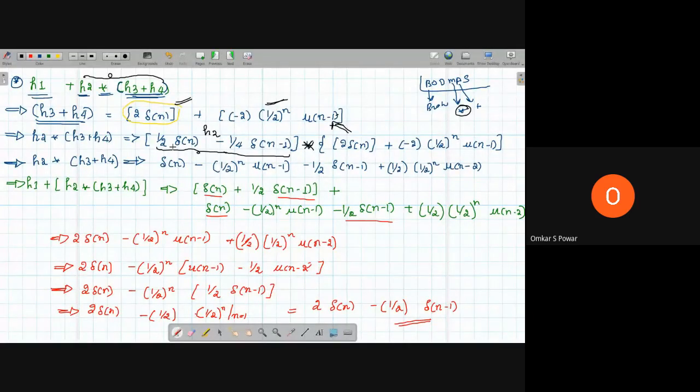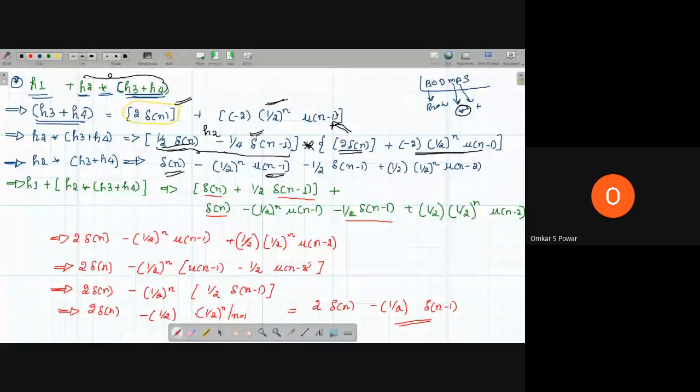So you convolve half into del of n with 2 del of n; the 2 gets cancelled, it is del of n. Half del of n convolved with minus 2 into half power of n into u of n minus 1: the half gets cancelled, minus 1 power of n u of n minus 1. Okay, then take minus 1 by 4 del of n minus 1, convolve with 2 into del of n.